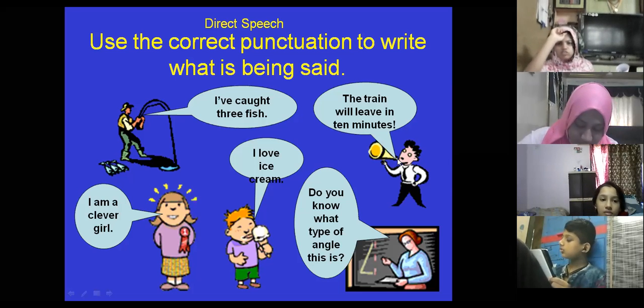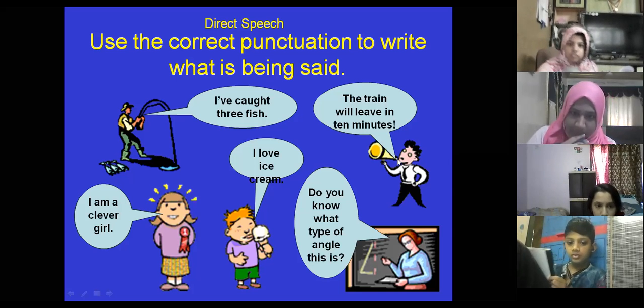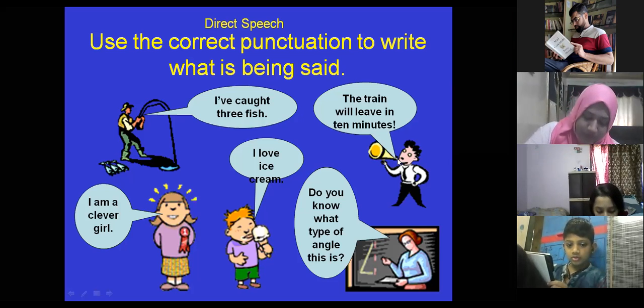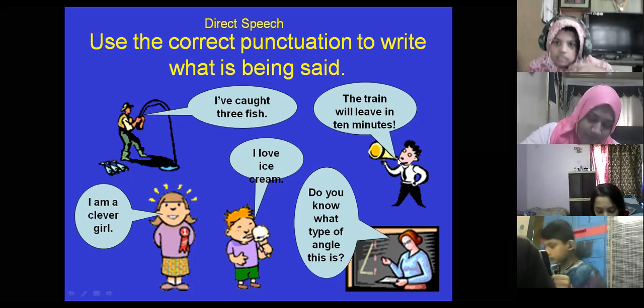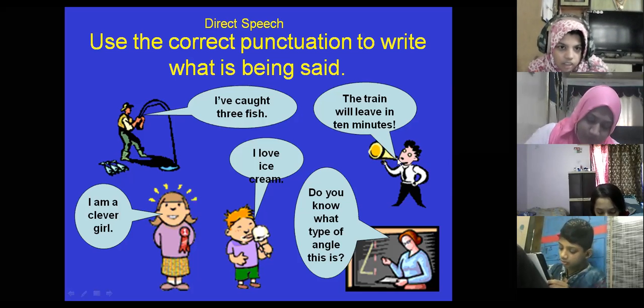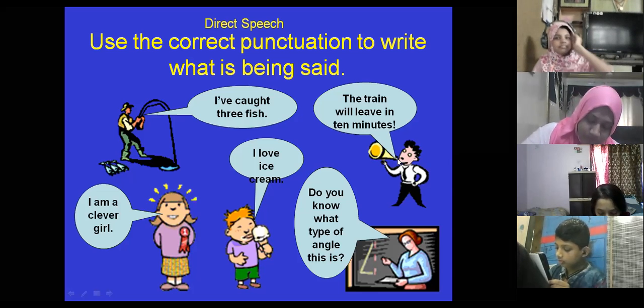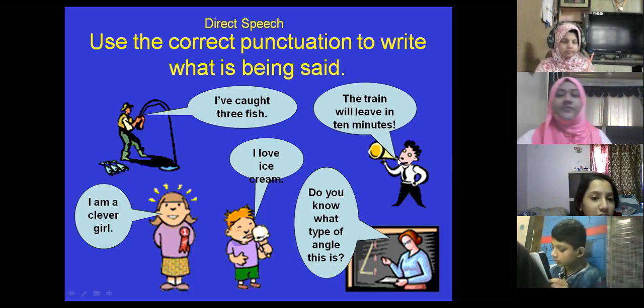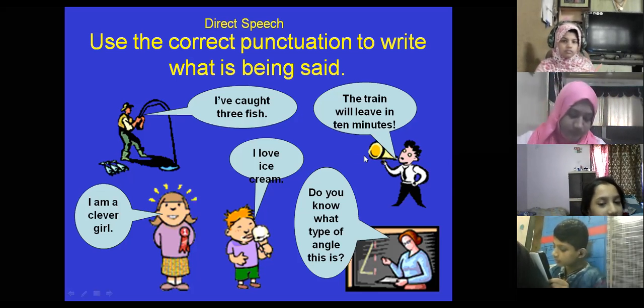The train will leave in 10 minutes. I'm on the last sentence. The third one will be: I'm a clever girl, said the girl.